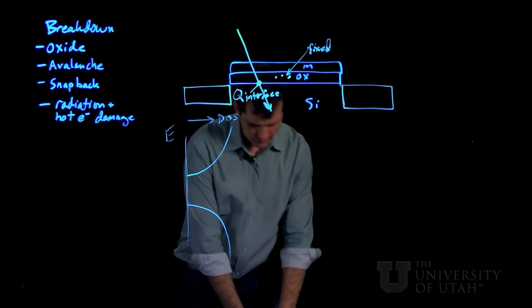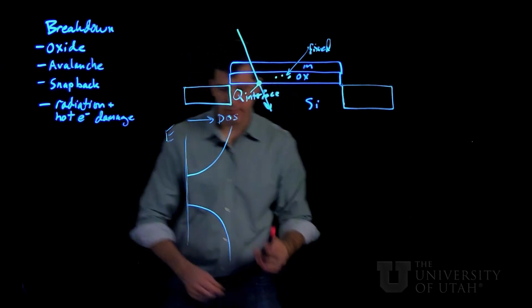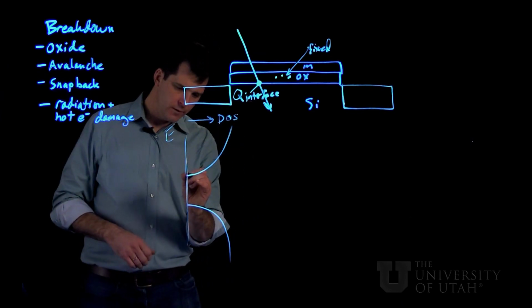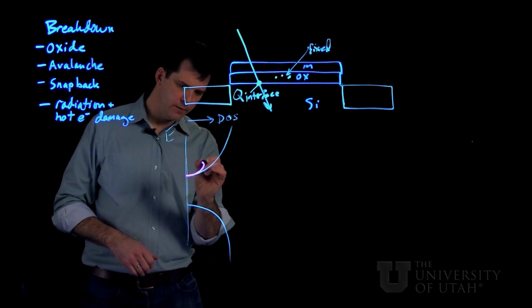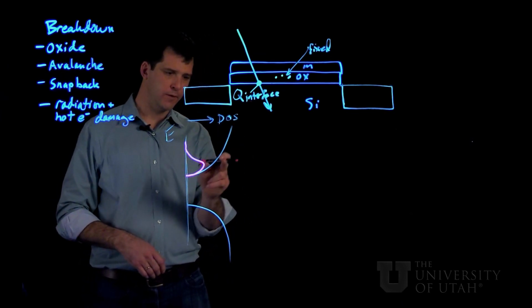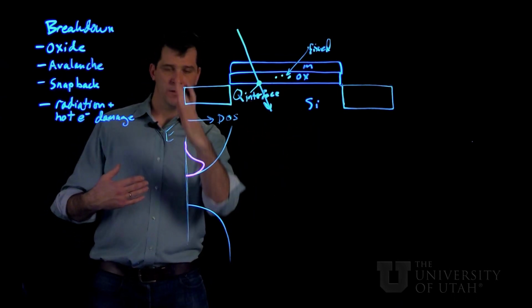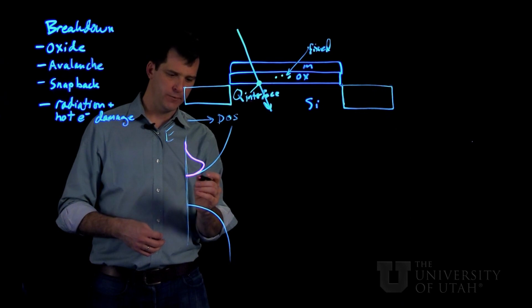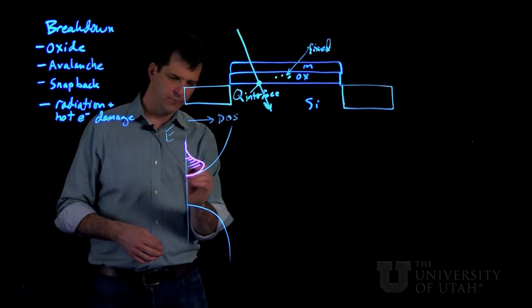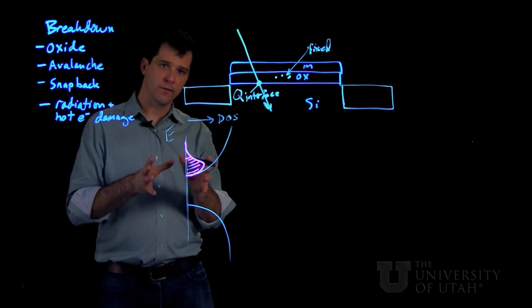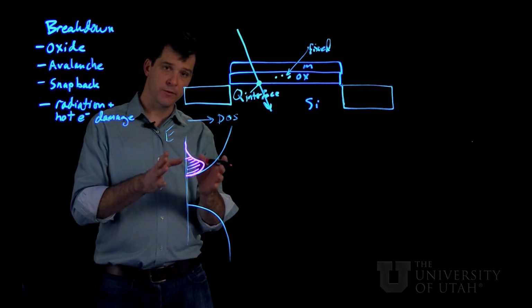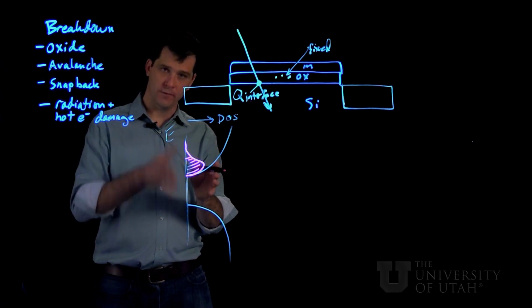And if we look at the actual population of electrons in the conduction band, for a thermal population, it looks something like this. This square root density of states times the Boltzmann tail, the exponentially decaying Boltzmann tail of carriers. So this is what a thermalized electron distribution looks like inside the conduction band as a function of energy.